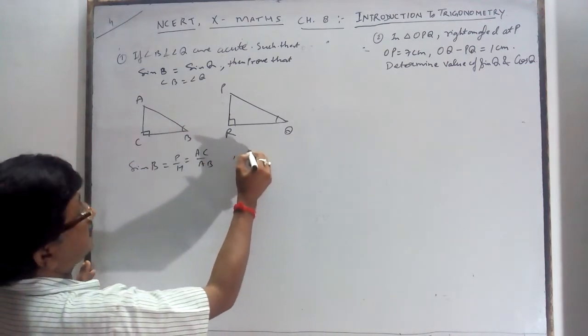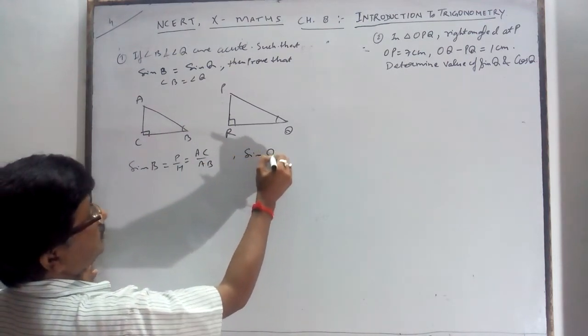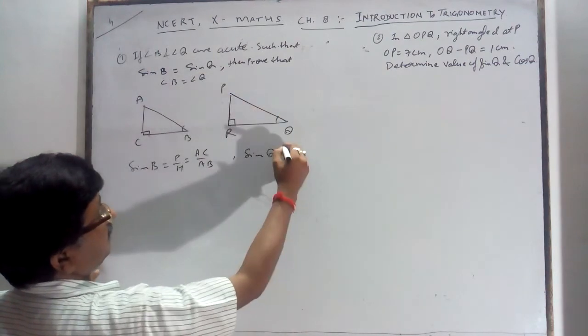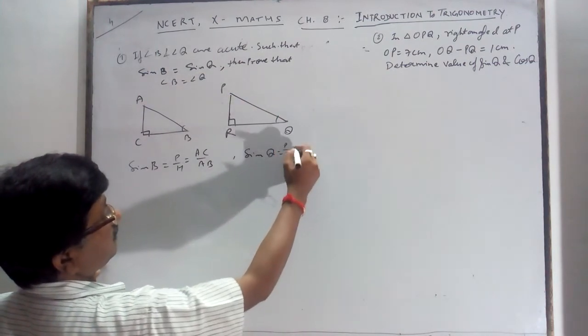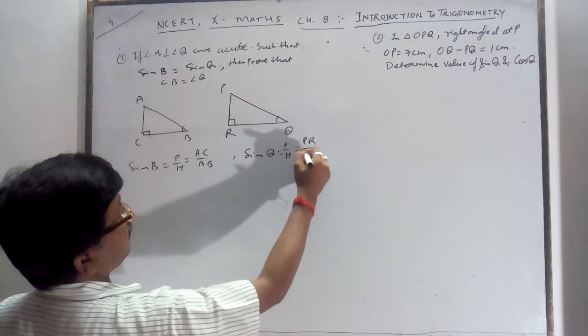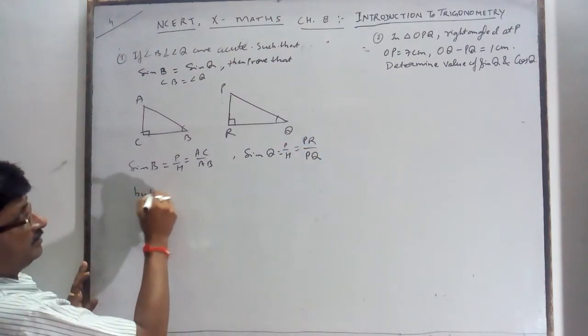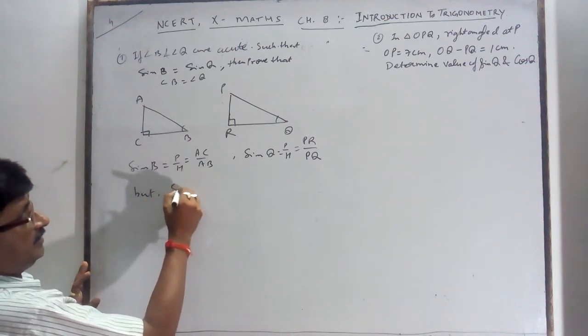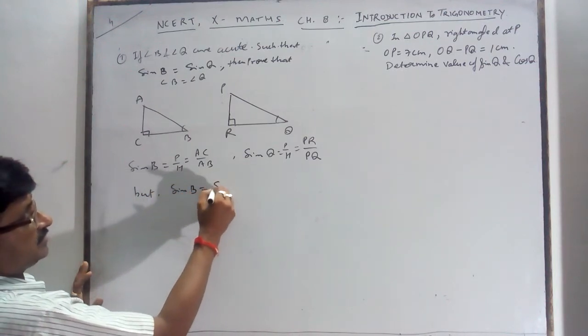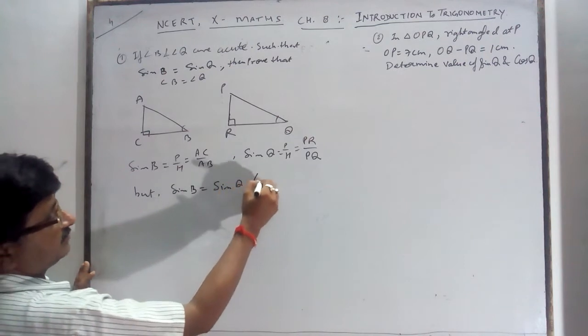And sin Q is equal to P upon H, perpendicular upon hypotenuse, that is PR upon PQ. But sin B is equal to sin Q, it is given.